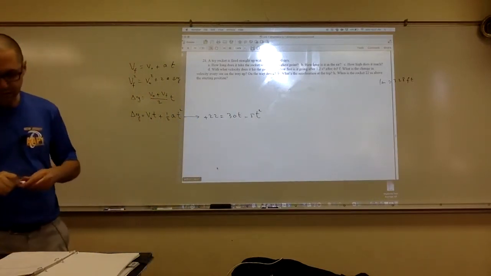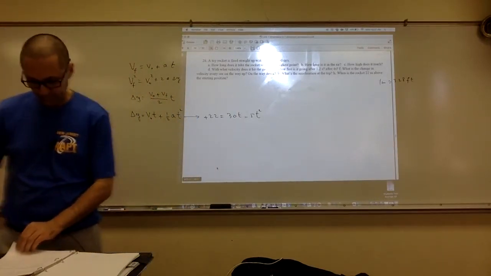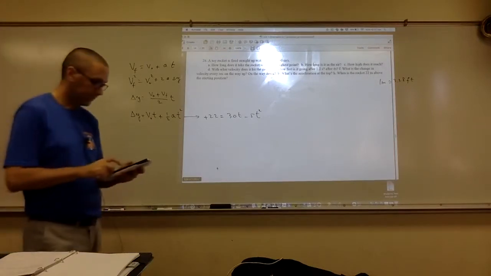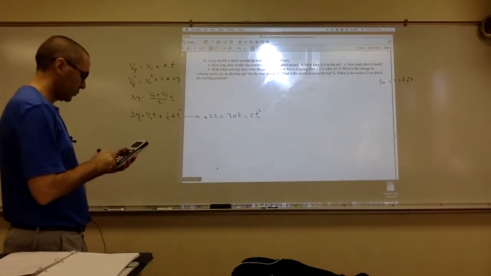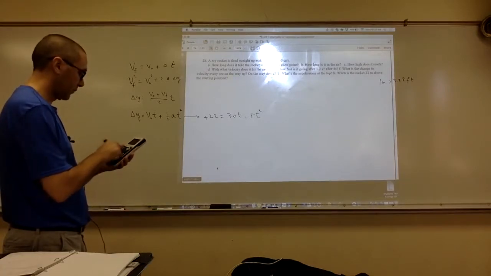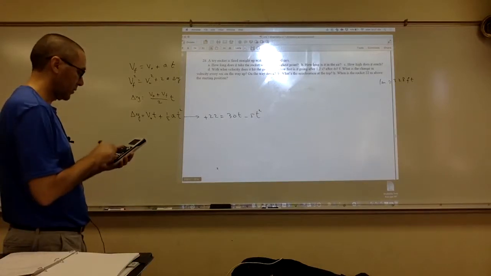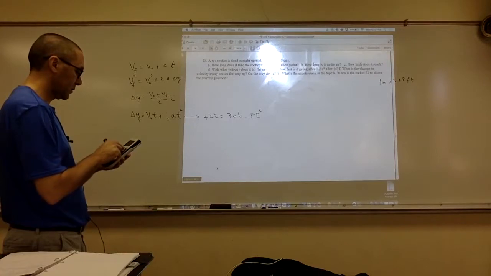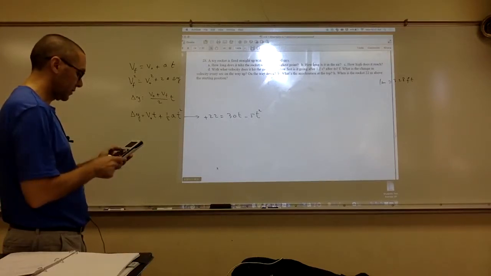Now, if we put this in the calculator, okay, so here we go. So 22 minus 30x plus 5x squared. We'll graph that. Second tree, so we're going to find the zeros.